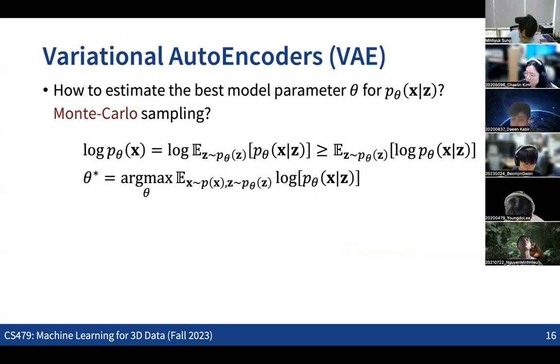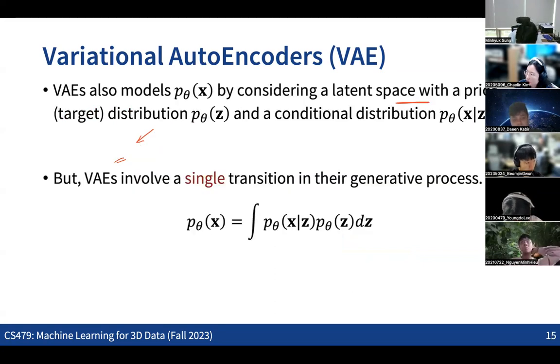If we have the information of the conditional distribution, then we can calculate the probability for all the given data samples by calculating this integral, right?